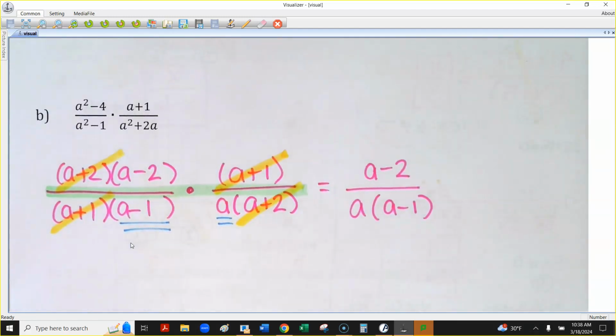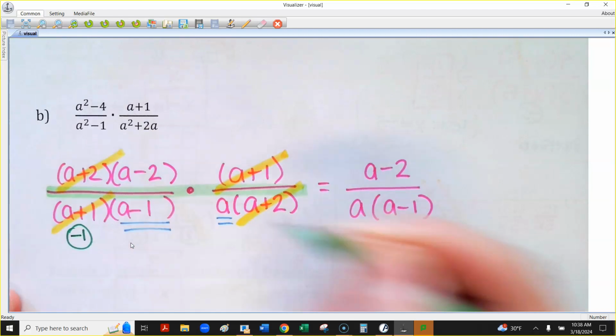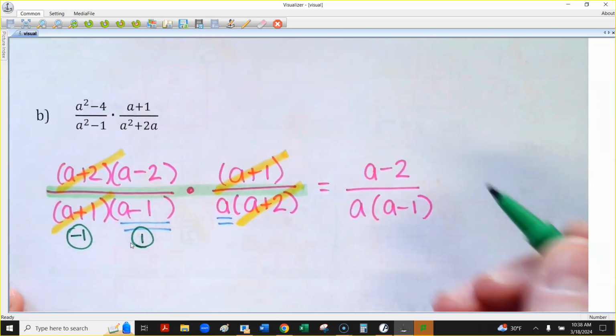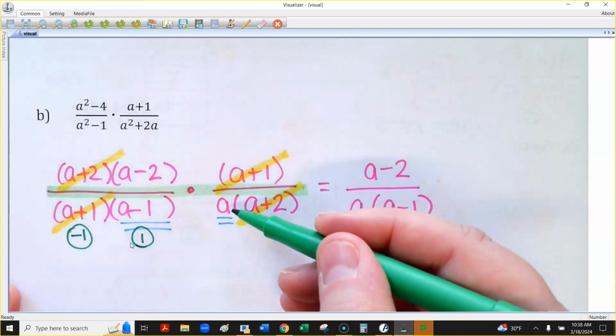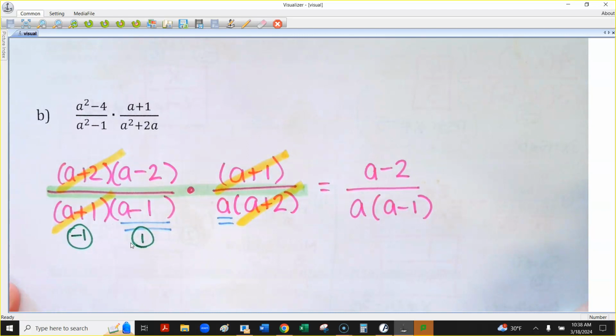Even if we crossed it out, we have to exclude anything that would make our denominator 0. So a plus 1, negative 1 would be a problem. A minus 1, positive 1 would be a problem. What number would be a problem for just a plain a? Just 0.